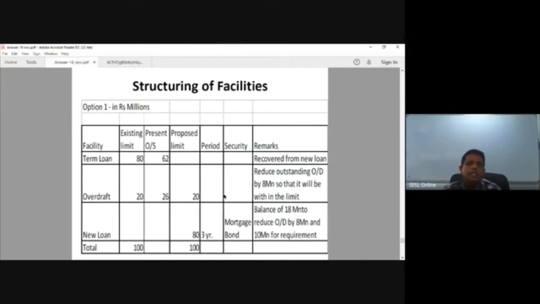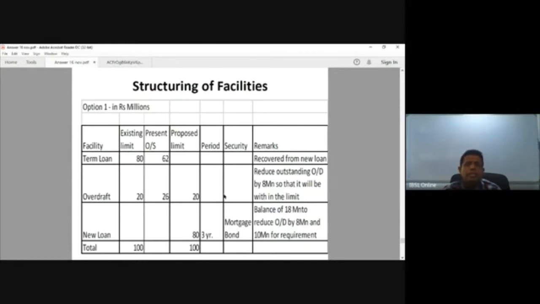For that, you need 62 plus, now we are proposing an 8 million reduction. 62 plus 8 means 70 million, and you are left with 10 million for the proposed 6 computers and additional experienced staff recruitment.